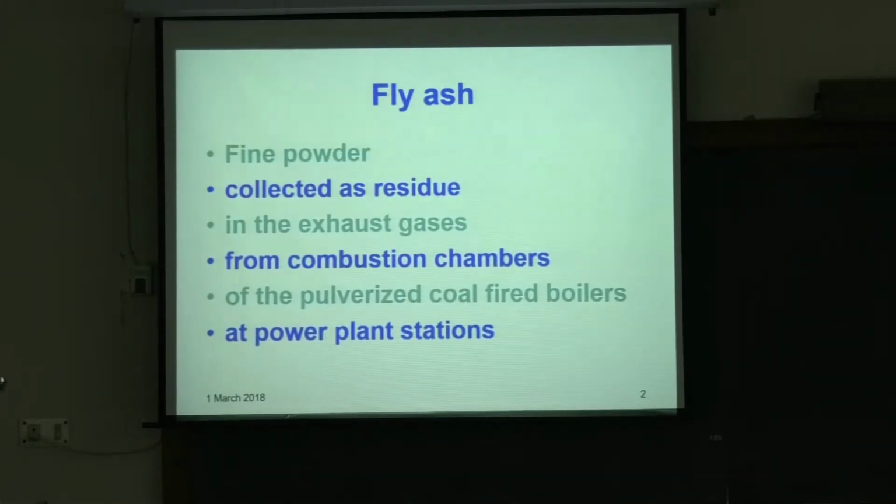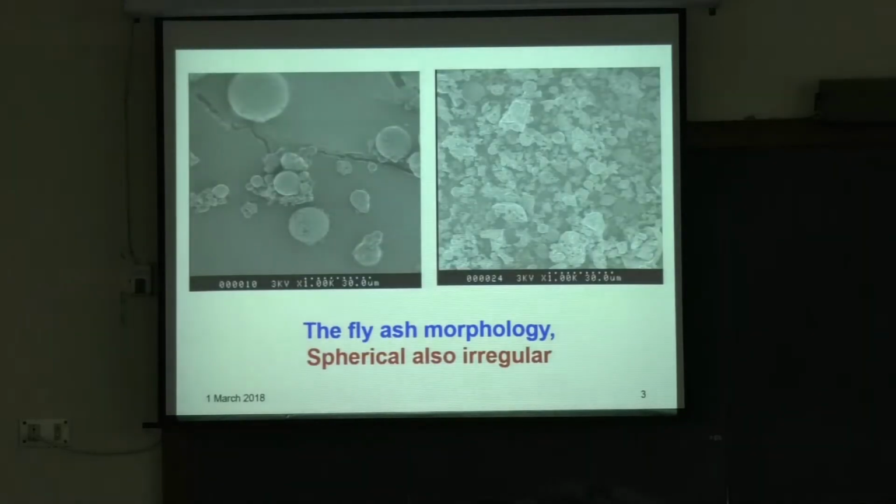So we know fly ash is fine powder collected as residue in the exhaust gases from combustion chambers of pulverized coal-fired boilers at power stations. This is the typical morphology of fly ash.